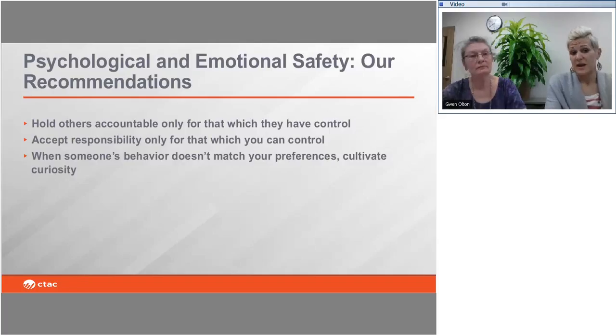So when someone's behavior doesn't match our preferences, cultivating curiosity. So this might sound, I don't know, a little vague maybe, but when I'm thinking about helping someone feel safe, what doesn't come to mind is labeling a lot of their behaviors, right? Overreacting, over the top, what are some other judgments?